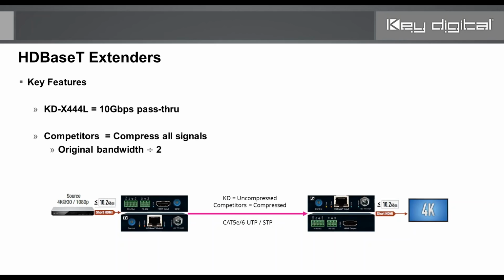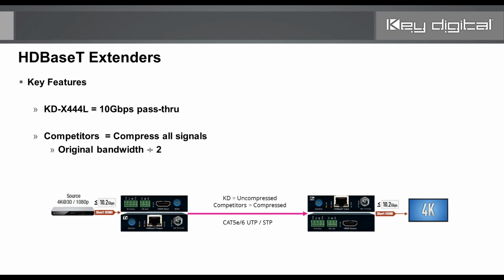And so where competitors actually compress all signals, so if you're starting with a 10.2 gigabit per second signal and sending that over those sets, then it would equal 5.1 gigabits per second. But you don't need to compress a 10G signal, only an 18G signal.